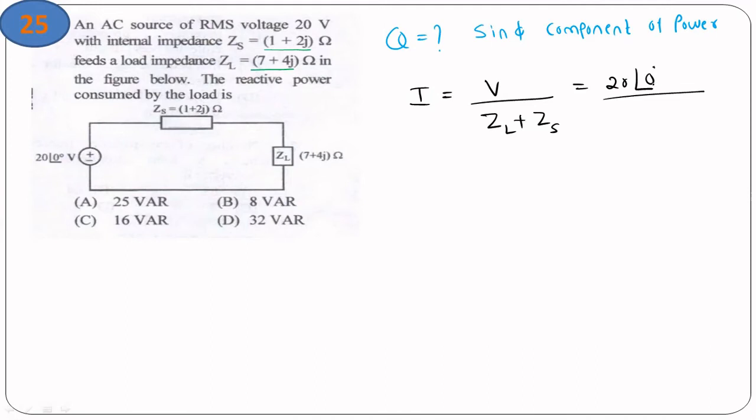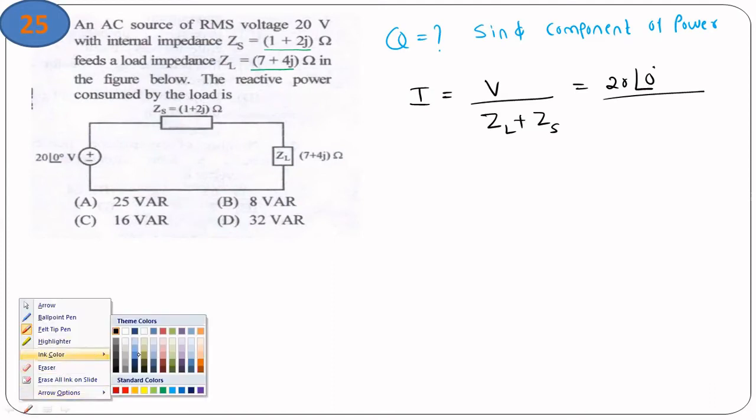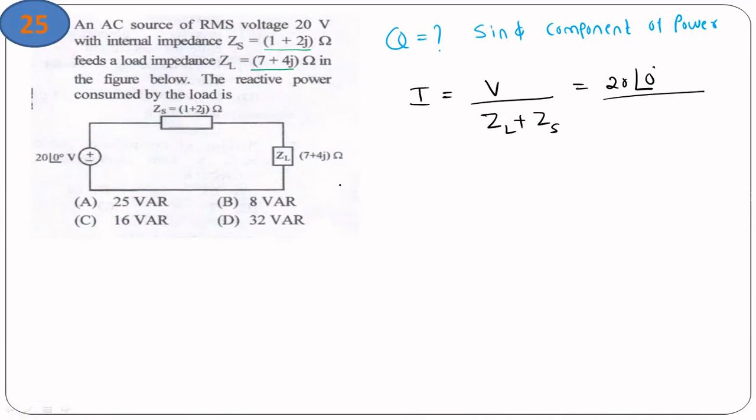So ZL plus ZS will be how much? I can write this out separately here: 1 plus 2j plus 7 plus 4j. If I add the real and imaginary parts, it becomes 8 plus j6.